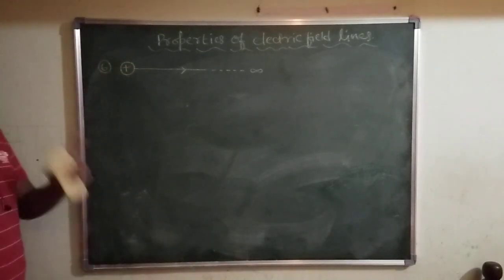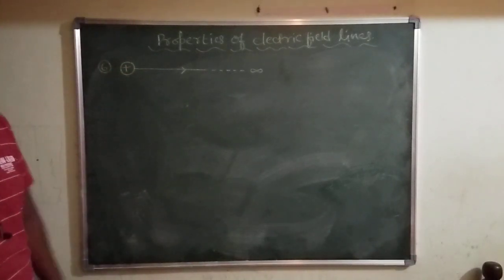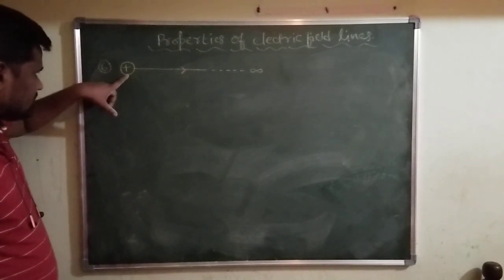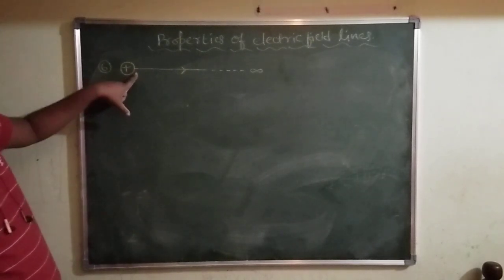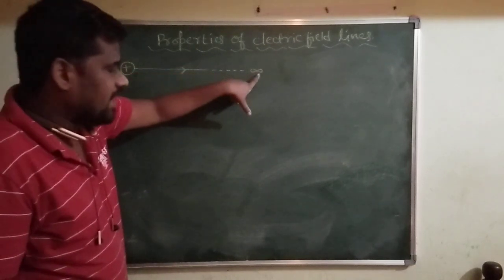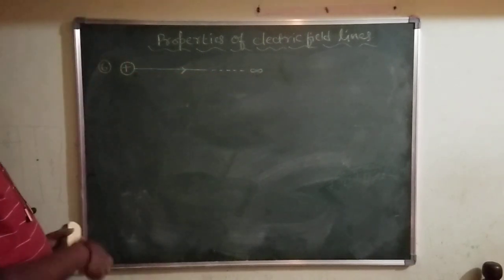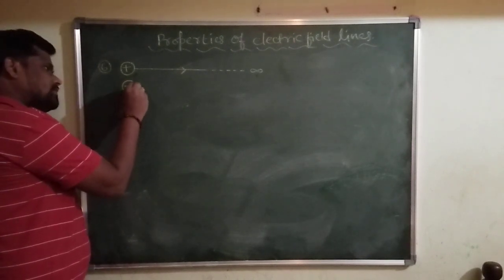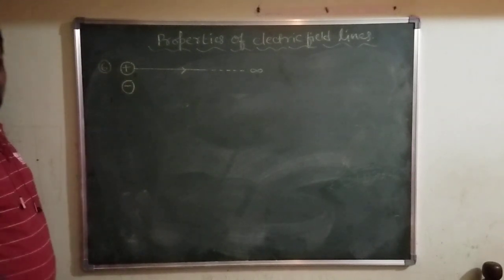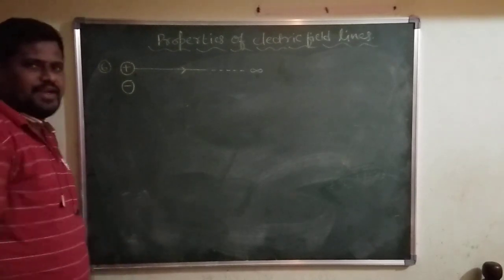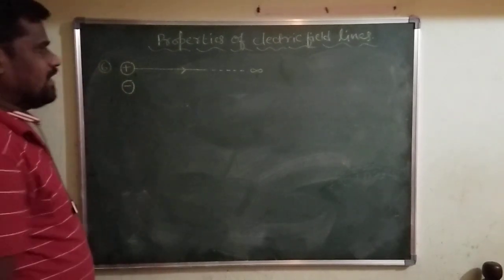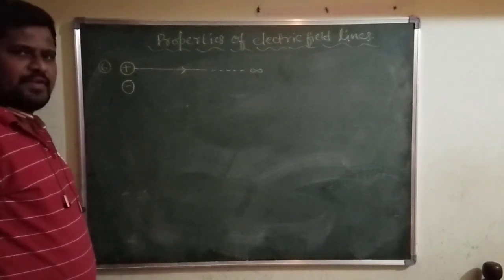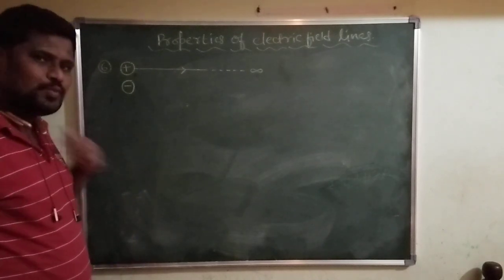Which charge? For a single isolated positive charge, what happens? Electric field lines will start from the charge and end at infinity. Suppose it is a negative charge. You know very well the direction of the electric field. Electric field lines give the direction of the electric field, and the direction of the electric field for a negative charge is always towards the charge.